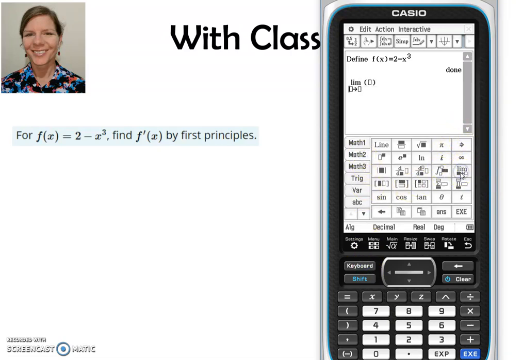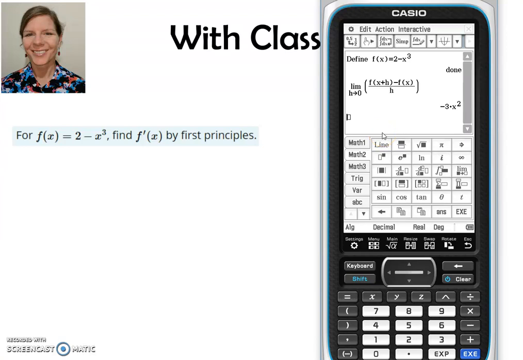Yep, look at the limit there. And we say limit h, as h tends to 0. Let's put a fraction in here. And we want f of x plus h minus f of x over h. Oh, look. Okay, so it'll do the derivative from first principles, okay, from the theorem.